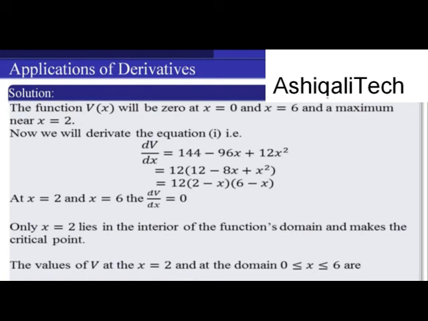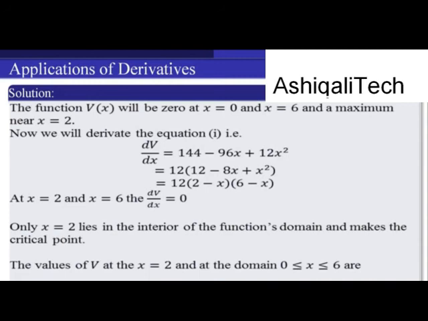Now we will differentiate equation 1, that is, dV/dx = 144 - 96x + 12x squared. That is, after factorization we take 12 common, so we get 12 times (12 - 8x + x squared). Further factorization gives 12 times (2 - x) multiplied by (6 - x).